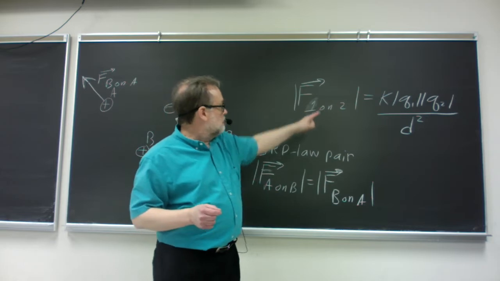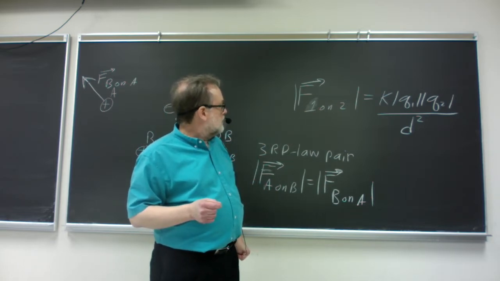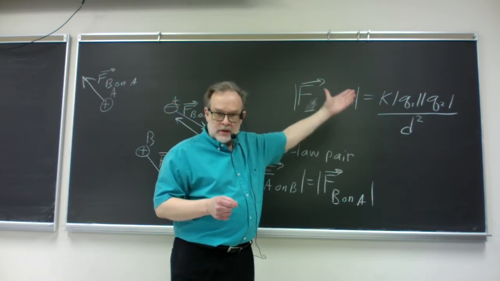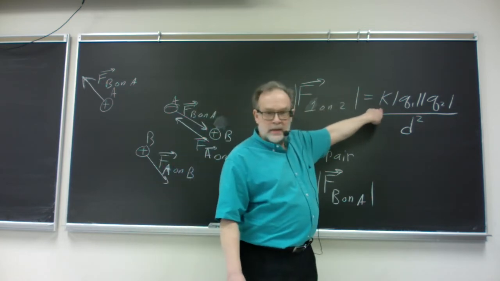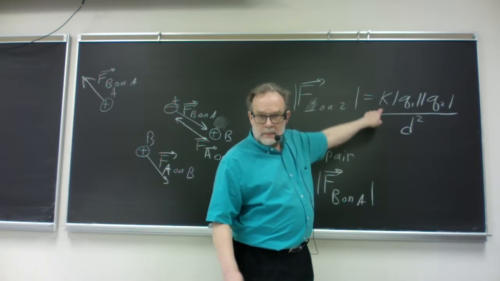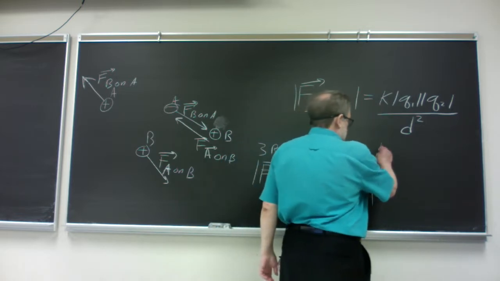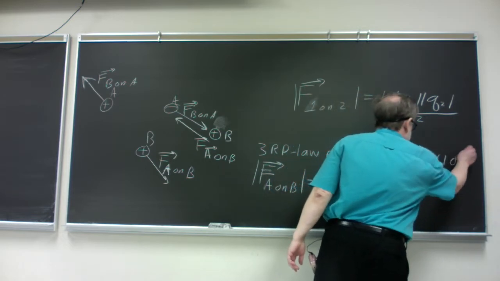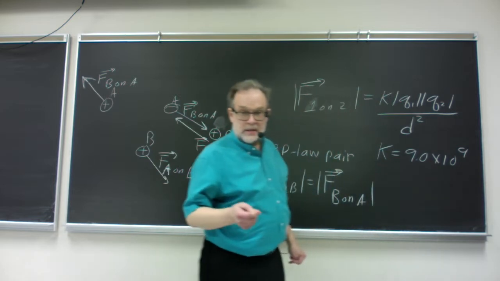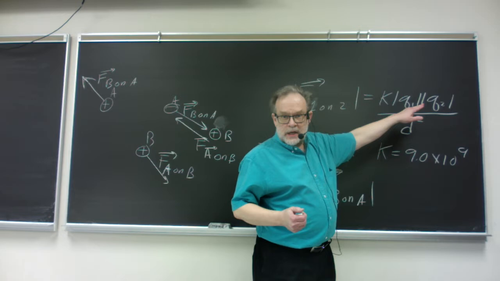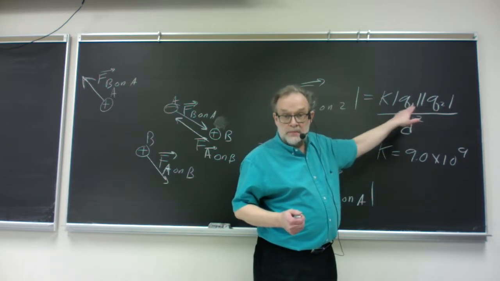Here's the rule for the force from one thing on a second thing. Looks like this. K is some constant that you can look up. Its value is about 9 times 10 to the 9th, and then the rest of the denominator is a product of two charge magnitudes.